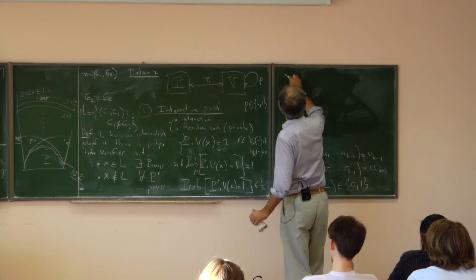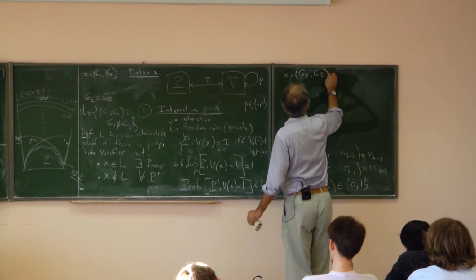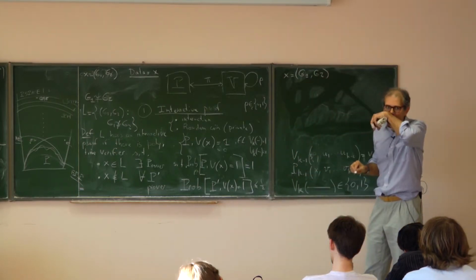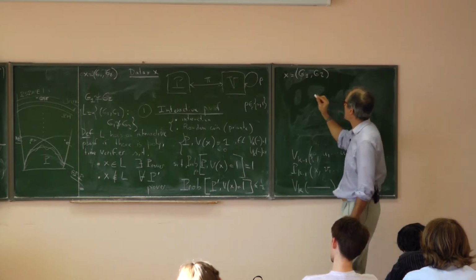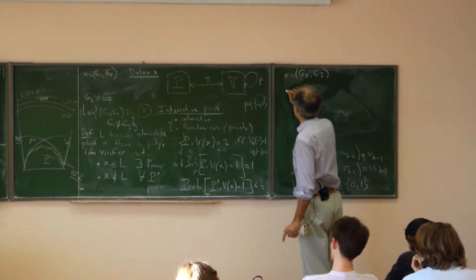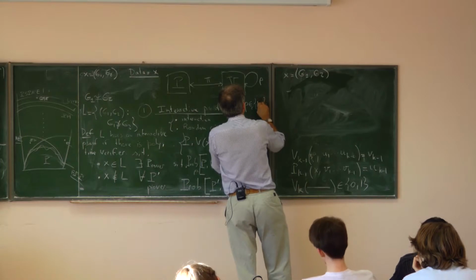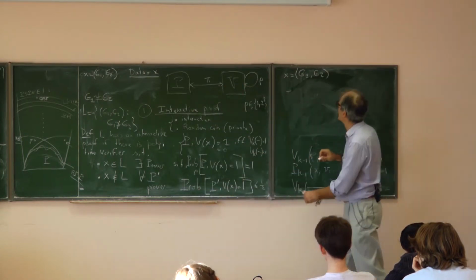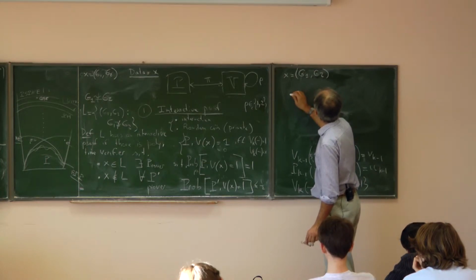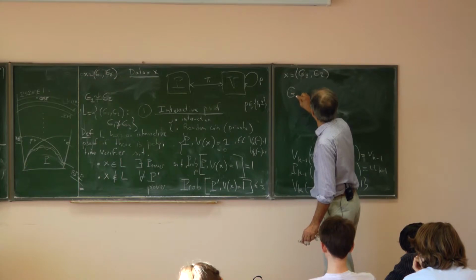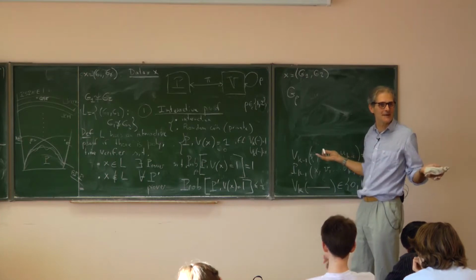So the input is two graphs. I'm the verifier. What do I do? First, I flip a coin. I'm going to change my notation slightly: I take 1 or 2 with probability 1/2, a random rho, and then I look at G sub rho, so it's either G1 or G2 with probability 1/2.